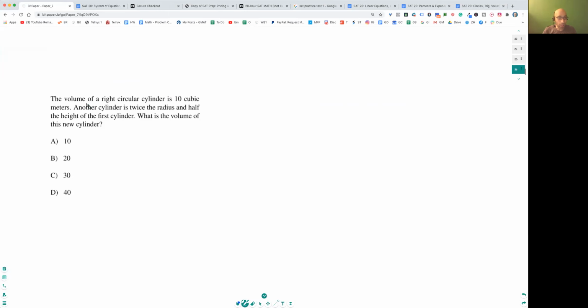What's going on is the volume of a right cylinder is some value, and another cylinder has twice the radius and half the height of the first one. Well done, Stephen. This one we covered in our geometry section: the volume of a cylinder is pi r squared h.